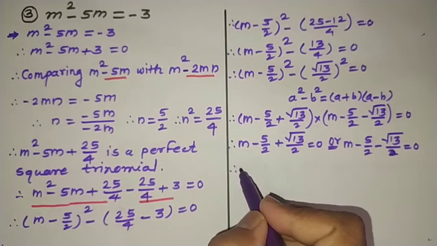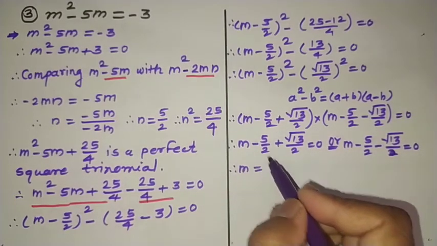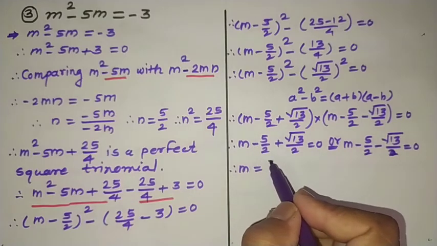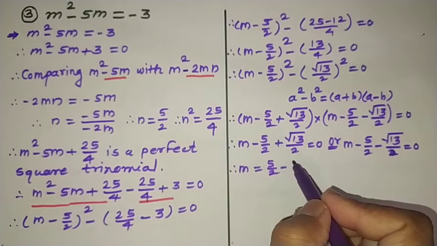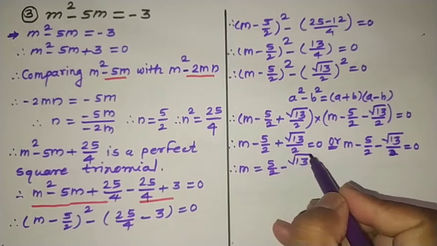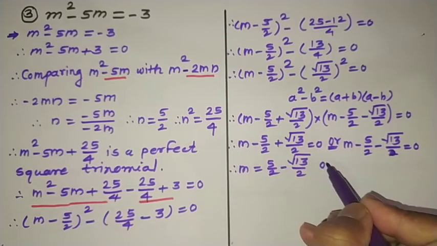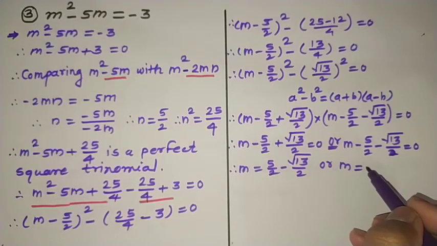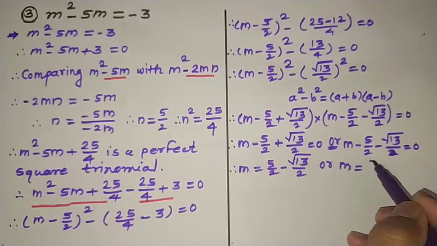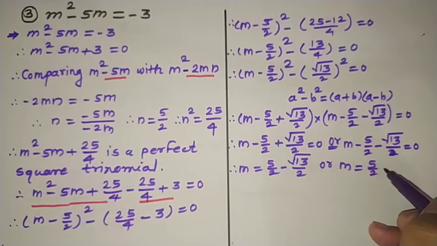Therefore the value of m is equal to plus 5/2 minus root 13/2, or m is equal to plus 5/2 plus root 13/2, since the minus goes to plus.